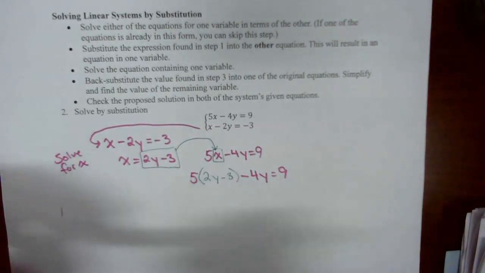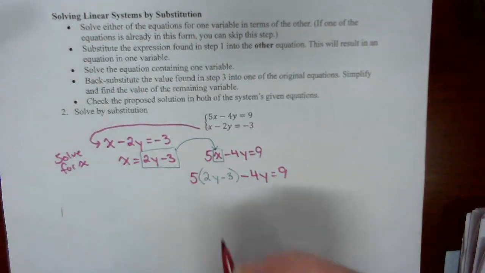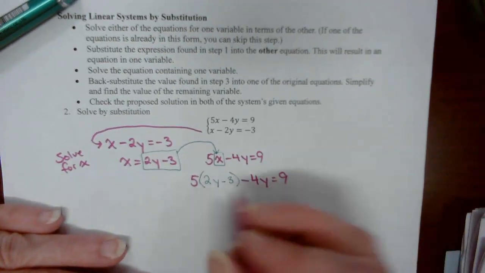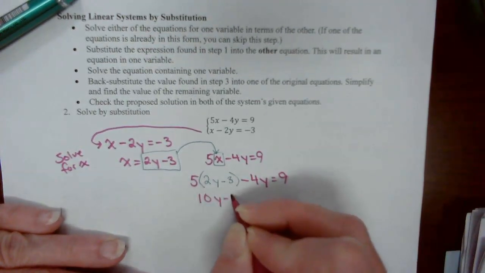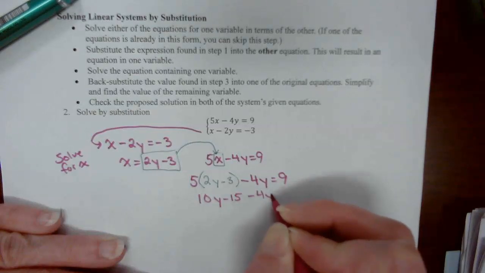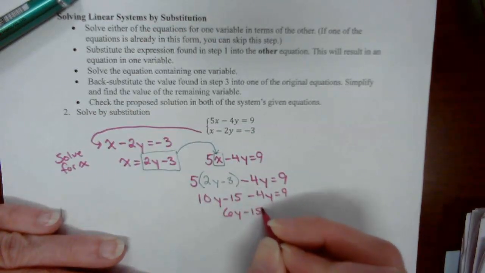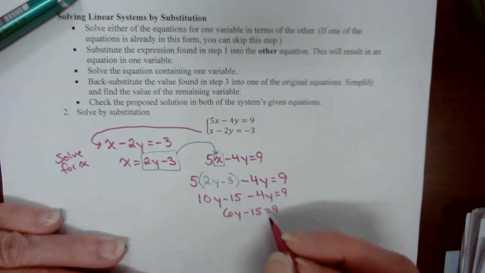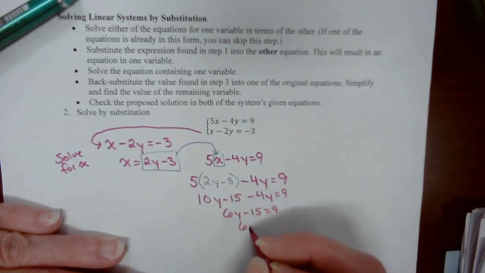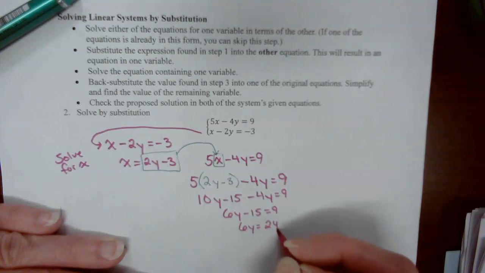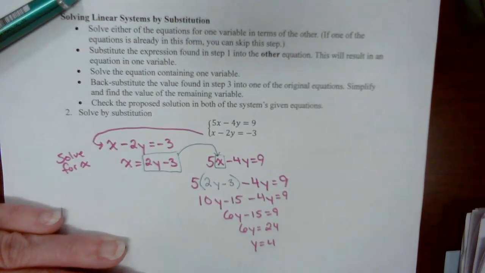Now, when we do that step, we end up with one equation and one variable. So I would distribute, combine like terms, add the 15 over, and I get y is 4.